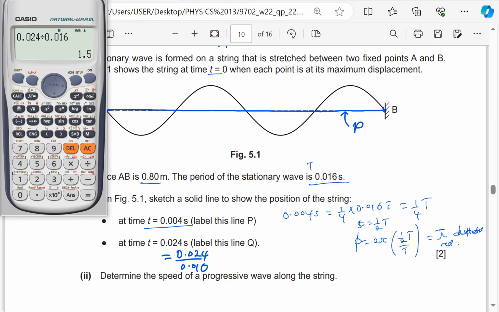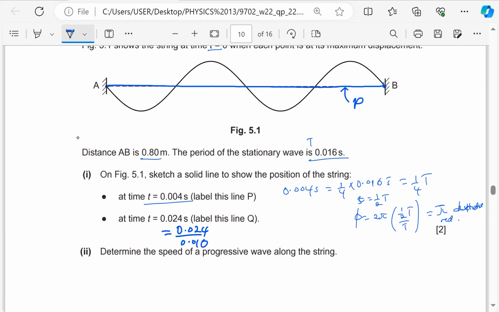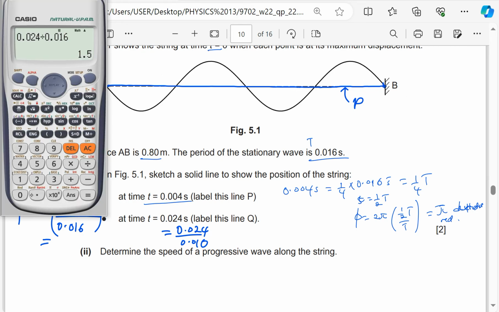Alternatively, I could just say, okay, if this moves 0.024 to one side and 0.024 to the other side, it means if I want to find the phase difference, I would say 2 pi into 0.024 minus negative 0.024, which is times 2, divided by the period, which is 0.016. So 0.024 times 2 divided by 0.016 is 3 times 2 pi.